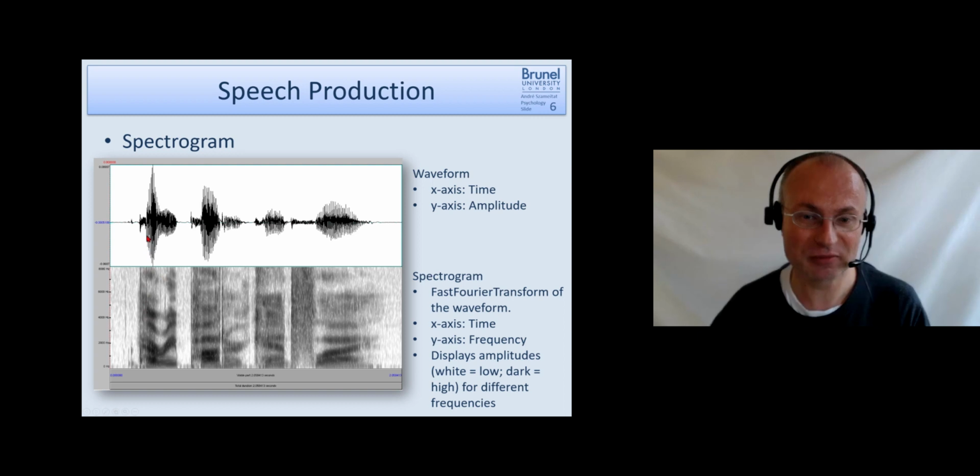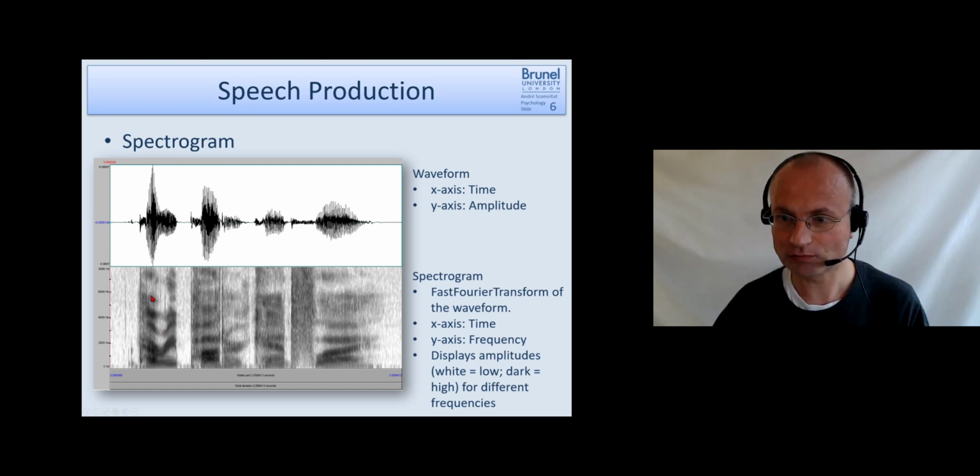The higher the peak, the more energy, the higher the amplitude, the darker it gets. You can see that here where it fades out and the amplitudes are low, it gets bright, and where we have a lot of energy, it gets dark. So we see we have a lot of energy down here in the lower frequencies, and less energy in the higher frequencies.